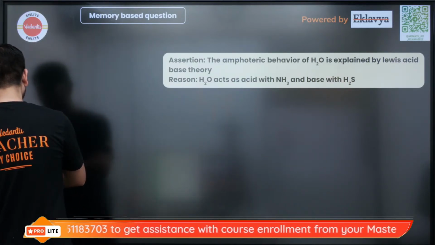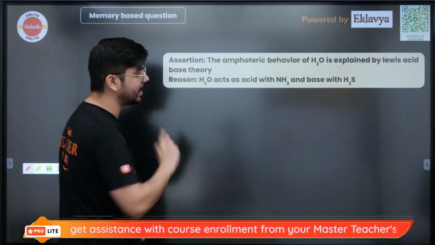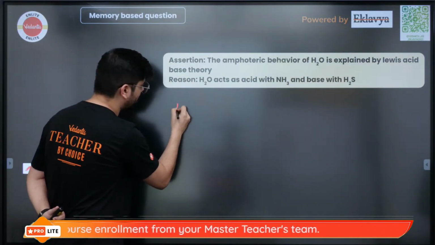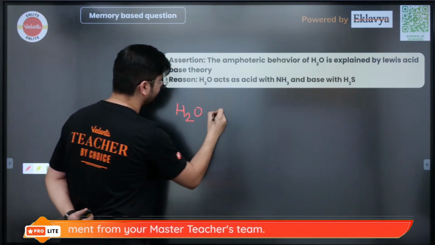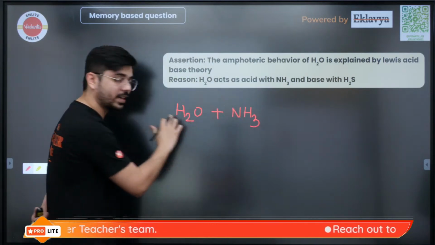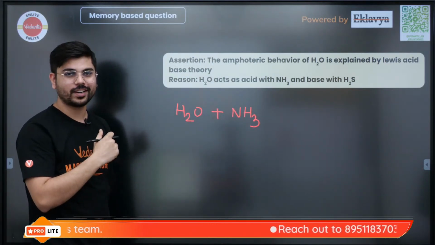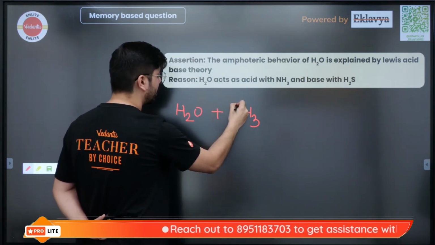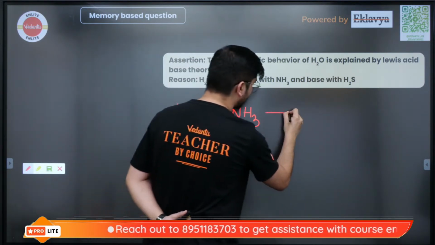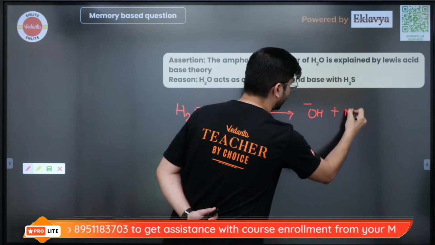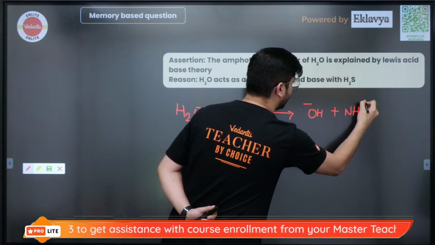When we talk about the amphoteric nature of water, how do we look at the reaction? When water reacts with ammonia, water is going to donate the proton to ammonia to form OH negative plus NH4 positive.